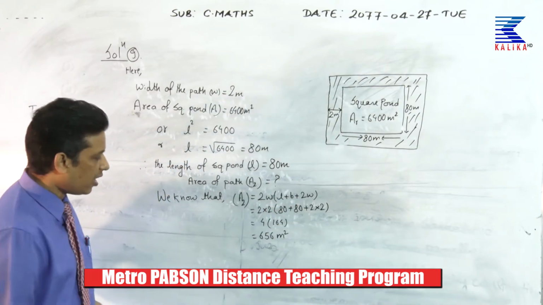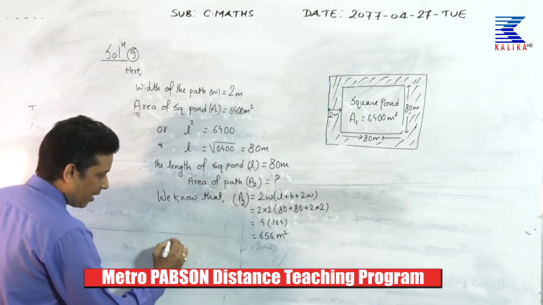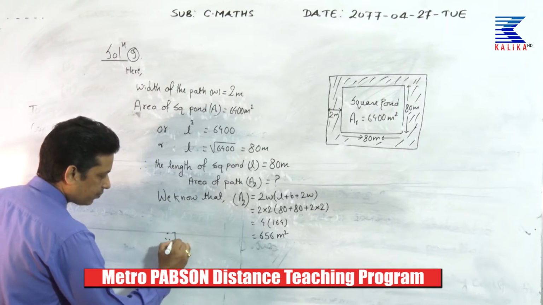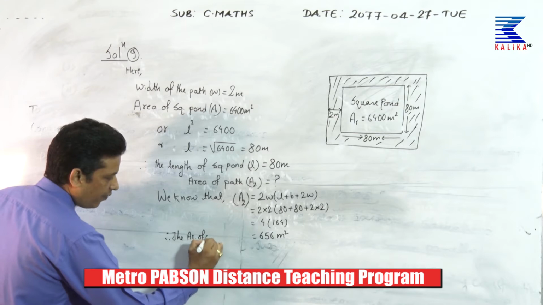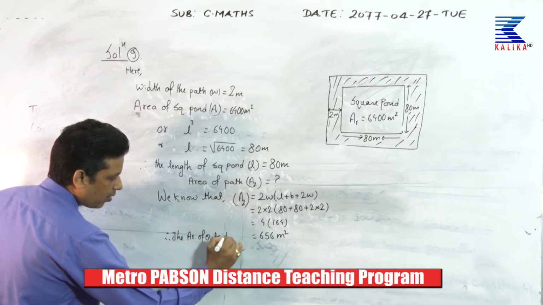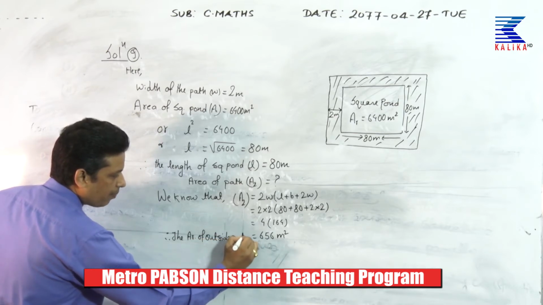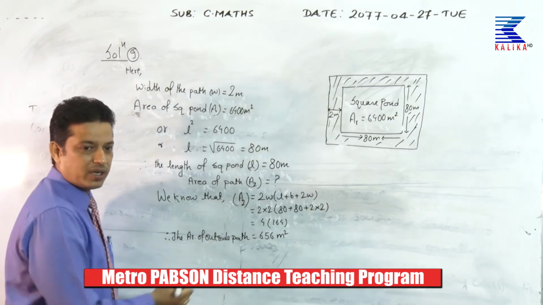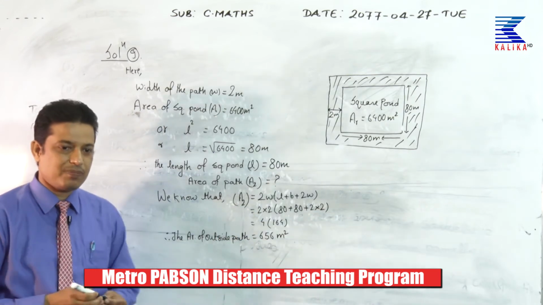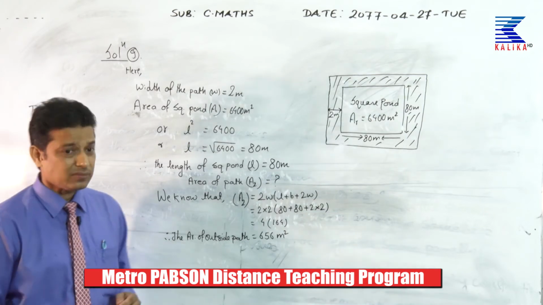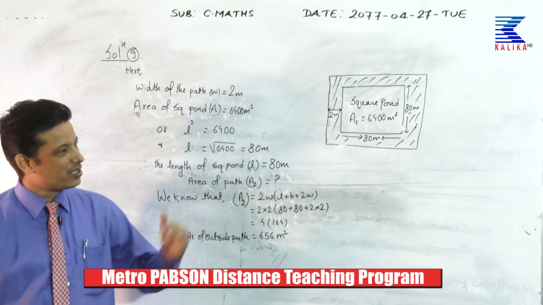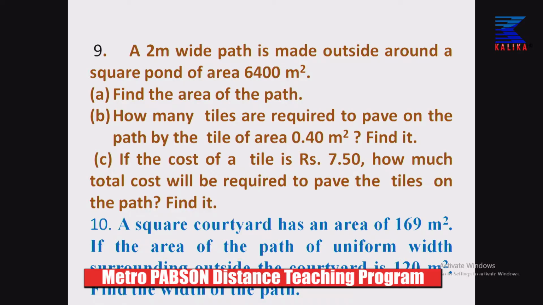So, what did we get? The area of the outside path. Therefore, the area of the outside path A2 that we got equals 656 square meter.